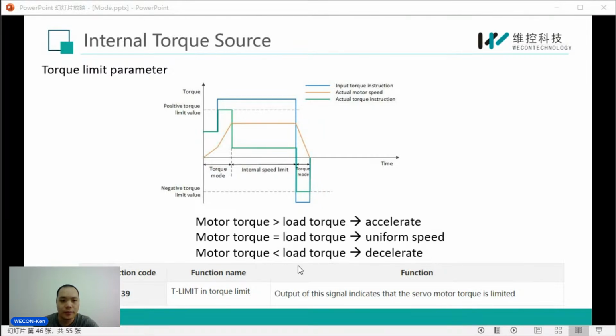And last, when motor torque is smaller than load torque, the motor will decelerate. And this function is used to send a signal to tell the drive that the motor torque achieved the limit.